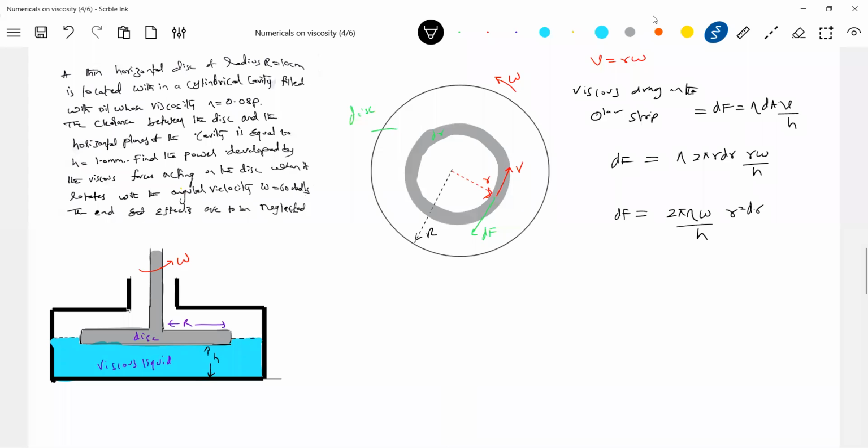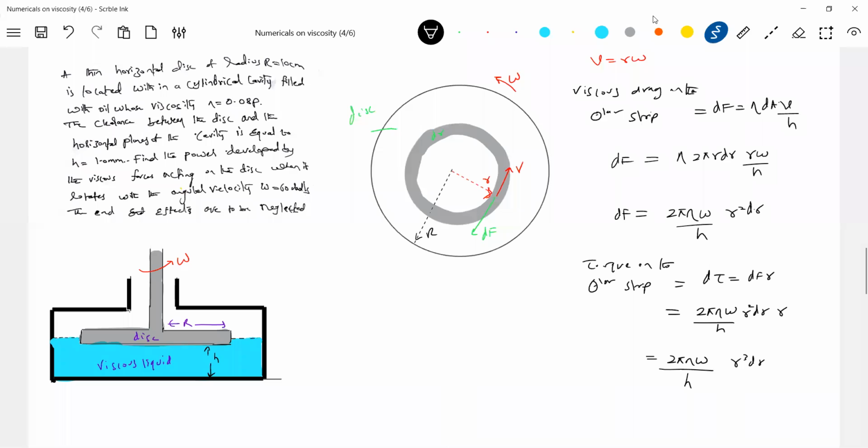Now what about the torque on this one? Torque on the circular strip. What will be the torque on the circular strip? d tau equals dF into r. What is dF? 2 pi eta omega by h, r dr, into r square, so r cube.